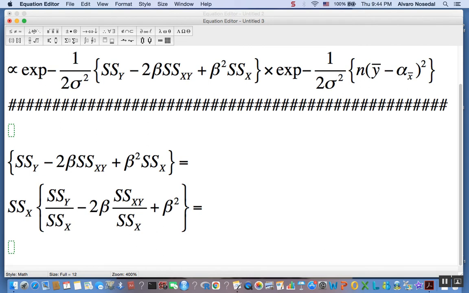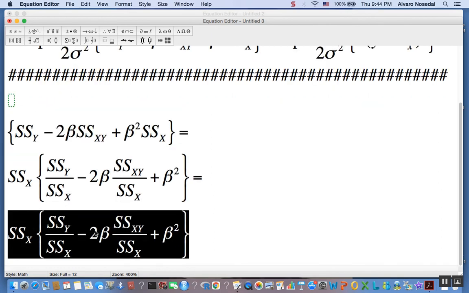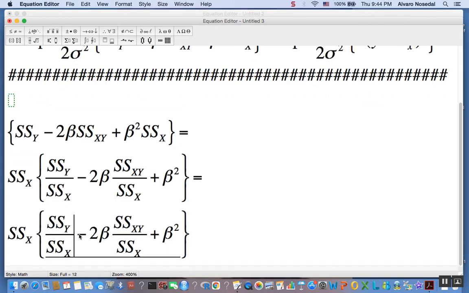Okay. And then what we do is we just square, right? It would be nice if we had the square, right? So we have beta square, we have this, we would like to have this term squared, and we don't have it. But the thing is that we could add a 0, right? So we could make it appear. That's what we're going to be doing next. So let's add and subtract that 0.